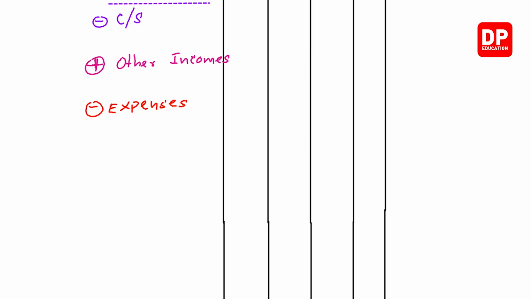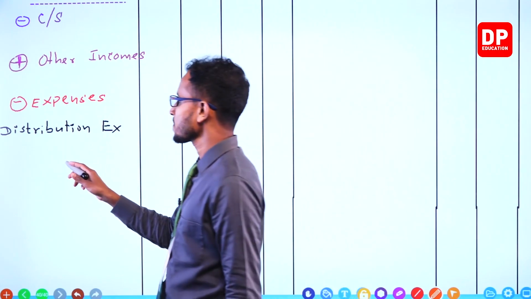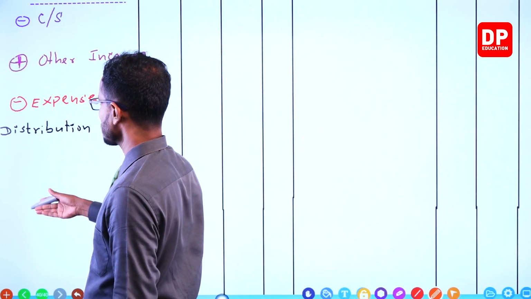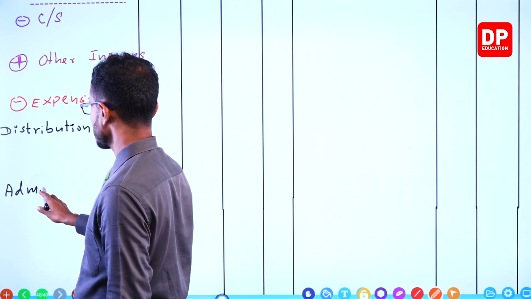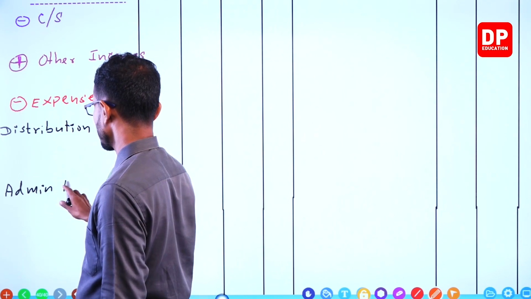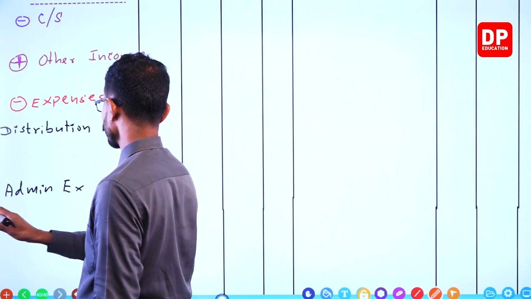First category, distribution expenses. Leave like five lines for distribution expenses. Then administration expenses, I'm just using short forms, admin expenses.